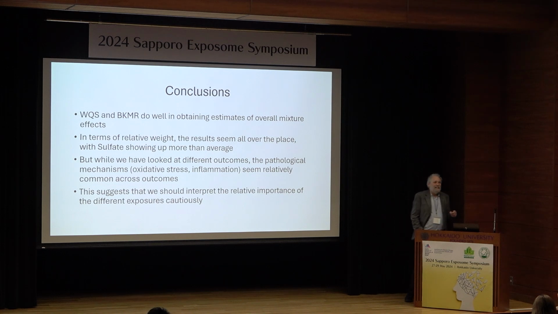Because in the end, when you have a bunch of correlated exposures, you know, there is no magic in statistics. Right? It's hard to separate them out. And so that's my overall conclusion.